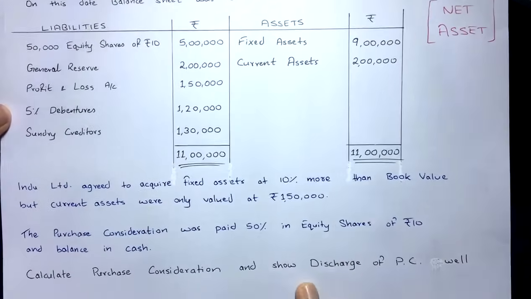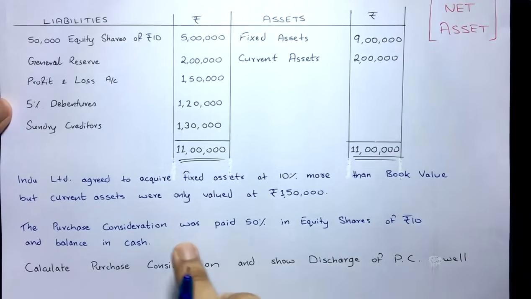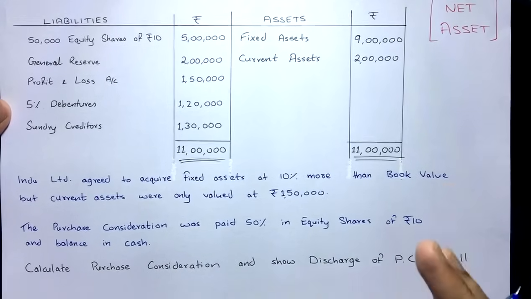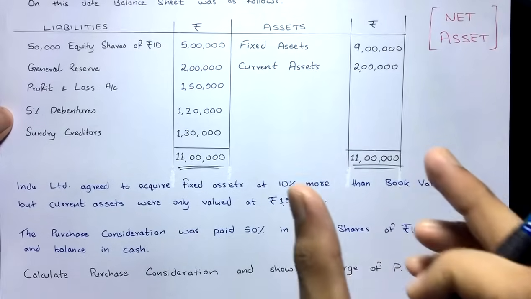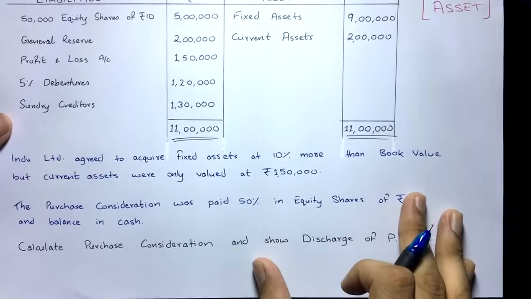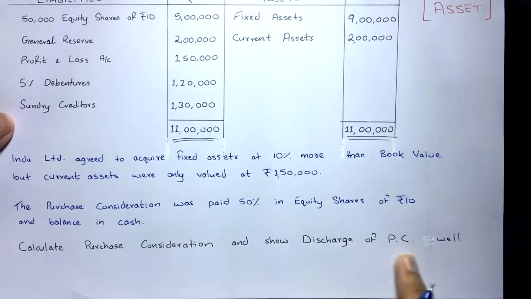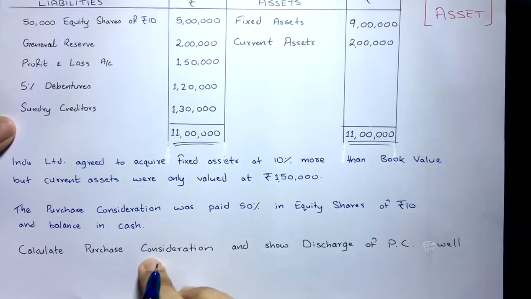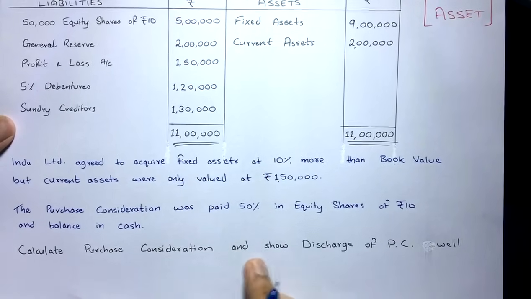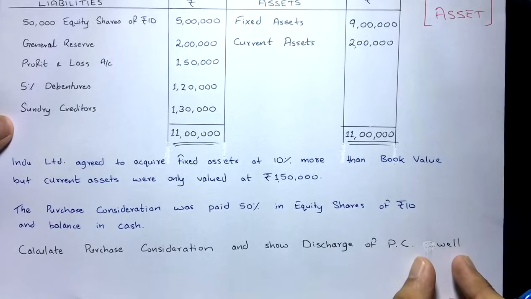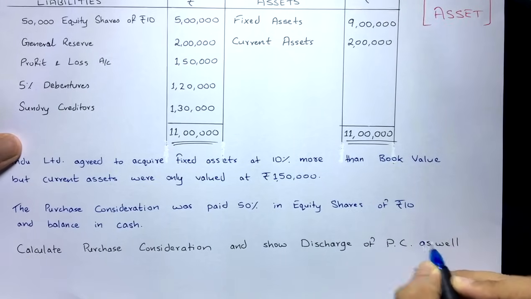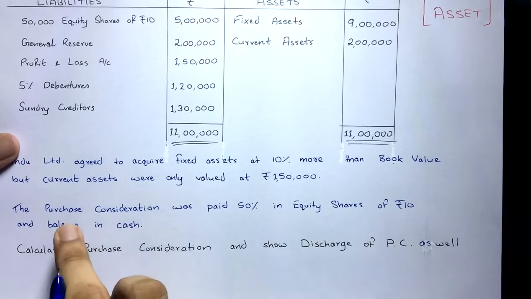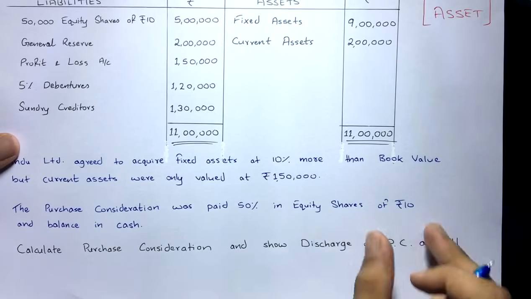That is called discharge of purchase consideration: how it is being paid, in what form, cash, equity shares. You use the net asset method to calculate the purchase consideration, the price, but how it will be paid is the discharge of purchase consideration. They have asked to calculate the purchase consideration, which we do with the net asset method, assets minus liabilities, and to show the discharge of purchase consideration as well.